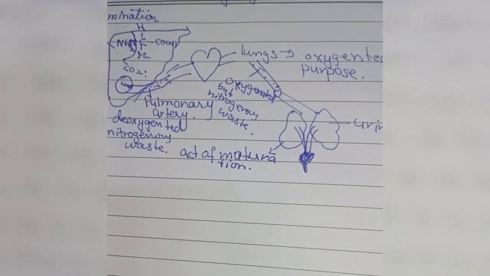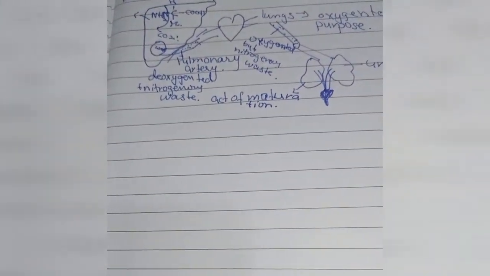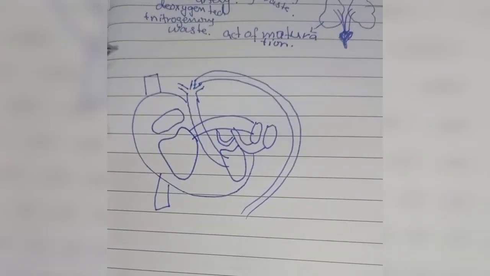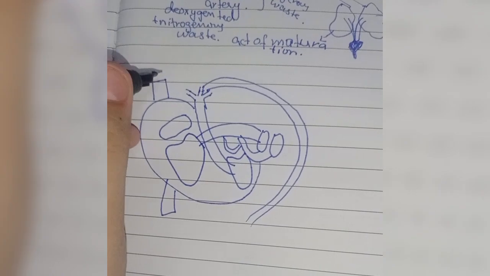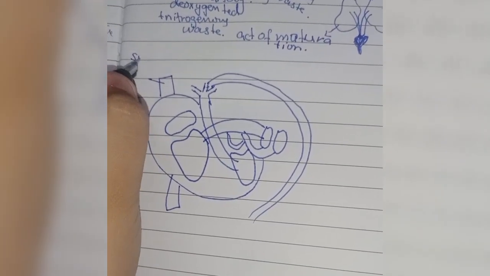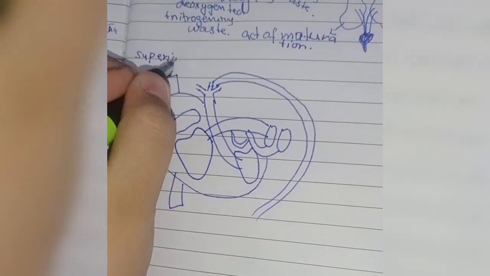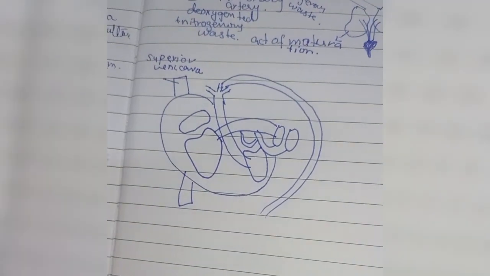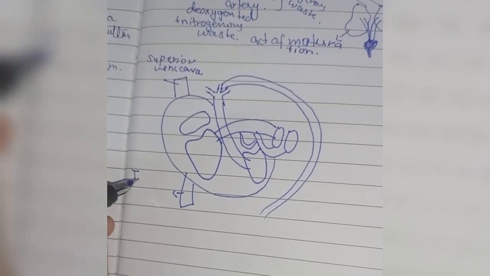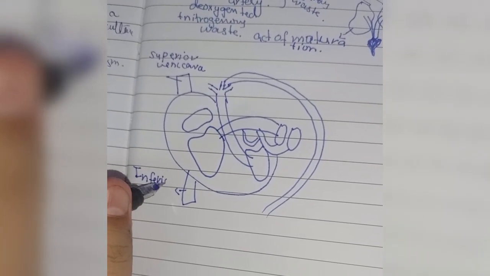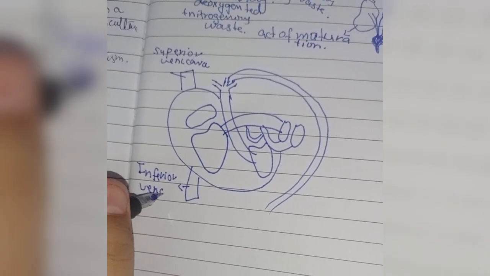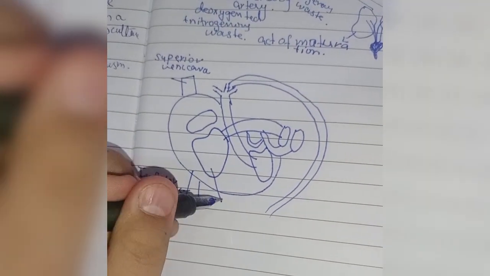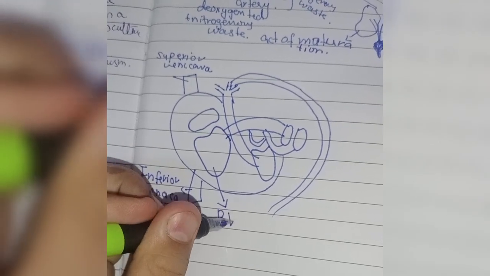Okay, so now let's discuss how this urea was going into the heart. Let me draw the diagram of the heart here. Okay, so I have drawn the diagram of the heart. Let me label it. This is the superior vena cava, and this is the inferior vena cava, and here we have the right ventricle.